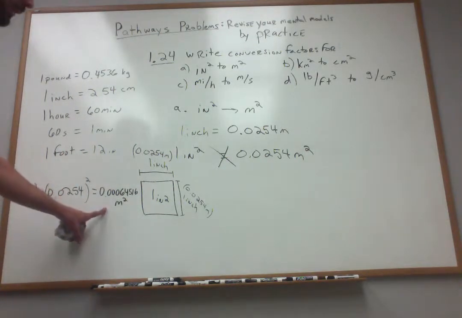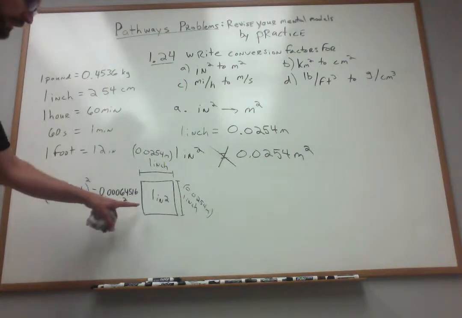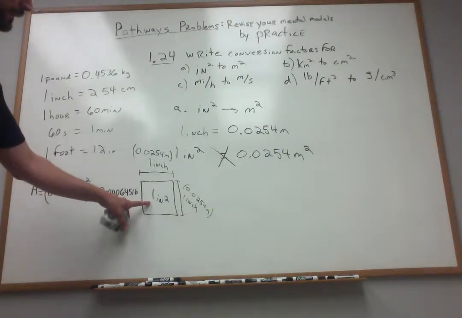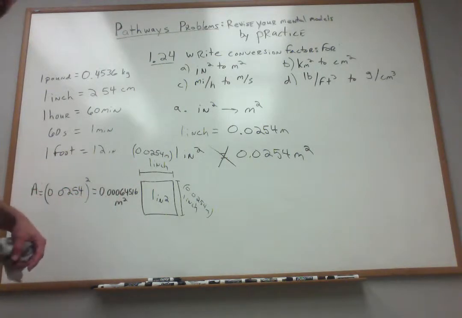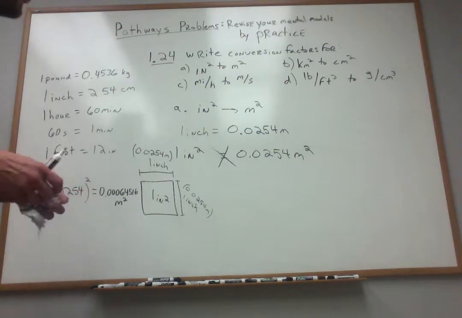So what we've just done is convinced ourselves that a 1 square inch area is equivalent physically to 0.00064516 meters square area. By drawing this picture, we've come up with our conversion factor.